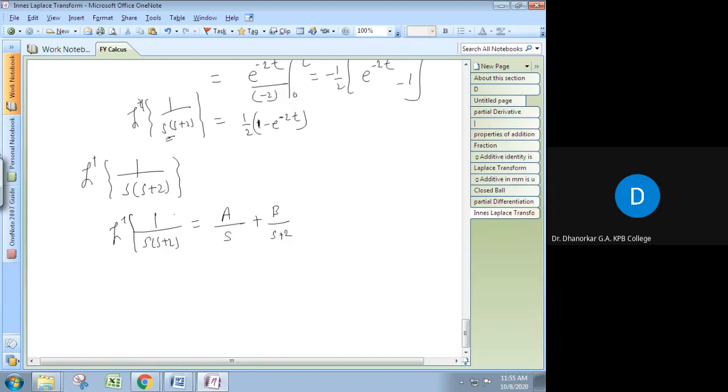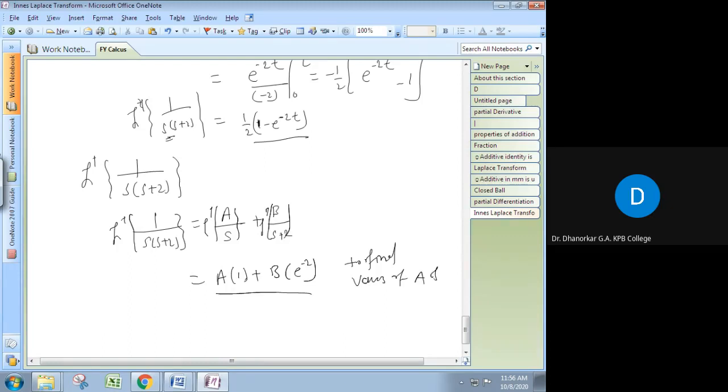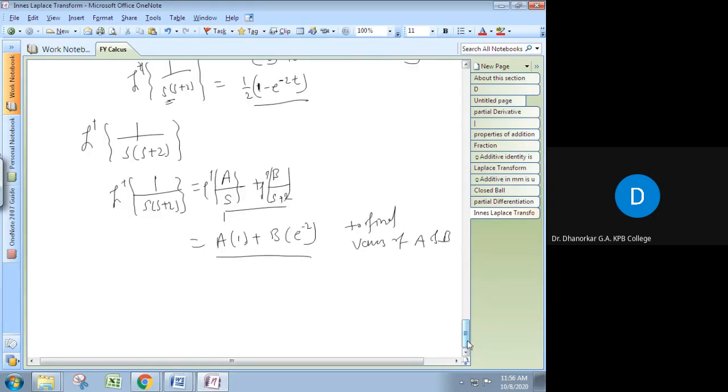We have to find L inverse of this function, and this function, and we get A into the inverse transform of 1 by s, plus B into the inverse of 1 by s plus 2, which is e to the power minus 2t. Okay, that is our answer. Our only duty is to find the values of A and B. And we know how to find these values. Let us try to find them.